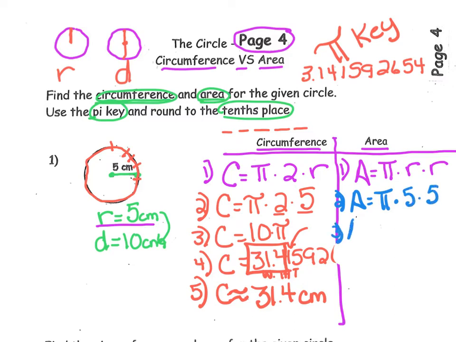Let's clean up the formula and simply multiply 5 times 5. 5 times 5 is 25 times pi. We still have to multiply 25 times the pi key. Take a moment, grab your calculator, and punch in 25 times pi key and hit equals. Pause your video if you need to.